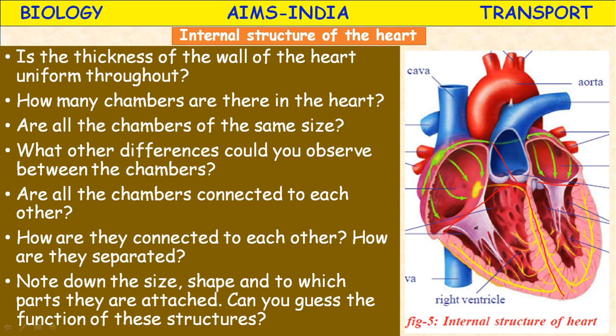It is guarded by the tricuspid valve, which regulates the flow of blood from the right auricle to the right ventricle. In the same manner, the left auriculoventricular aperture is guarded by another valve, called the mitral valve or bicuspid valve.